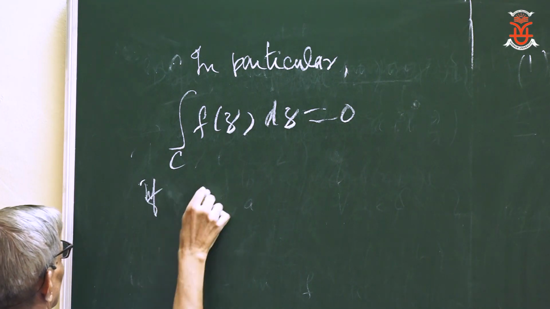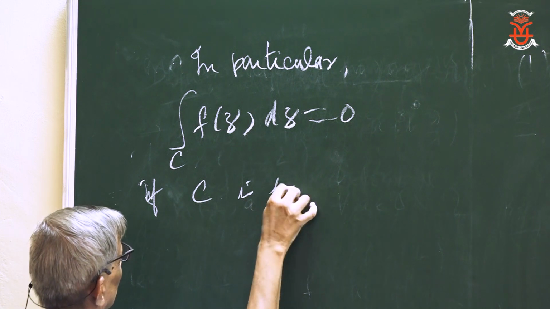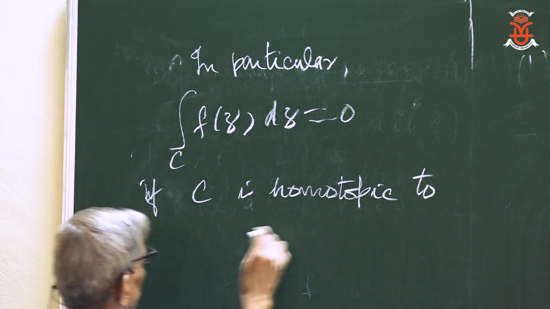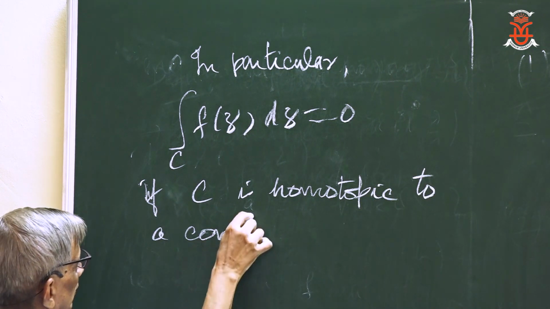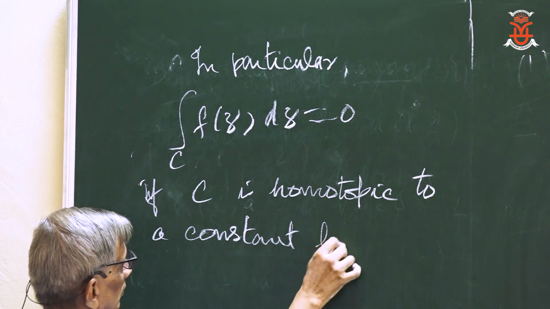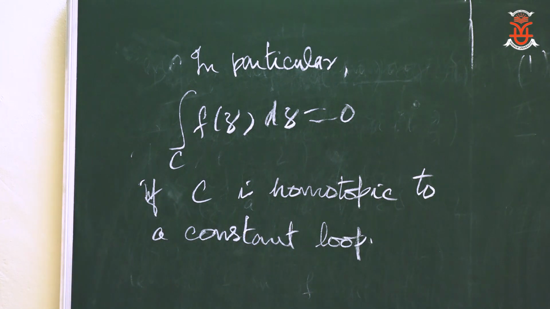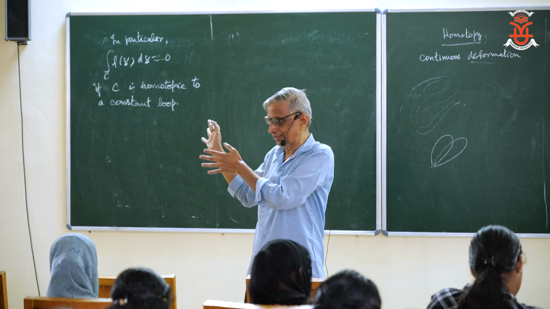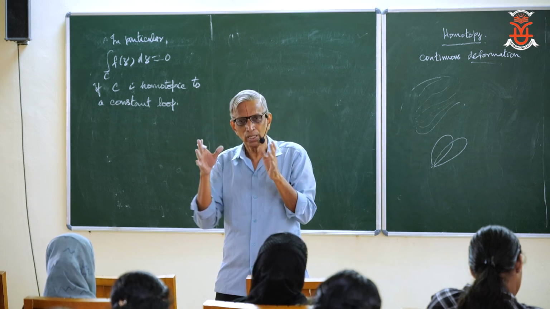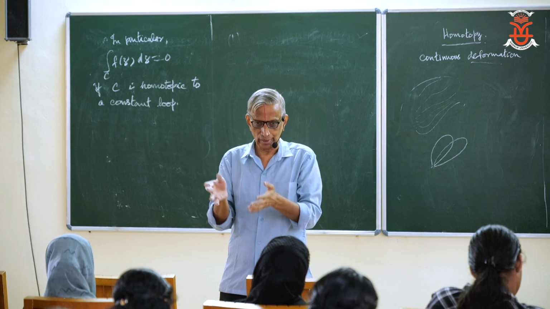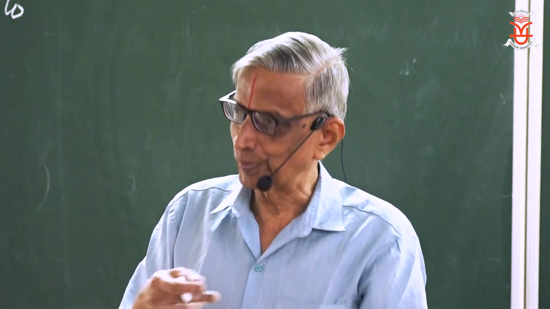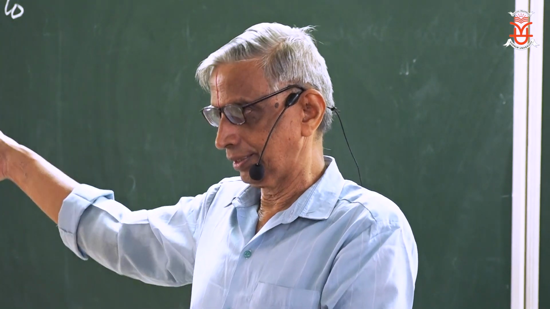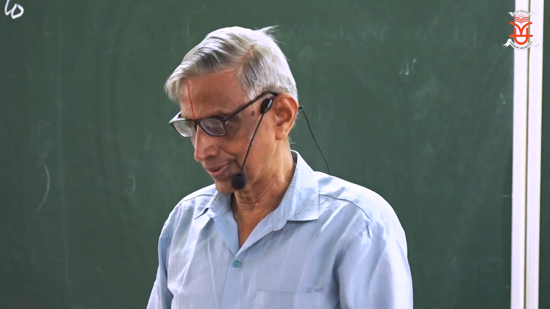If C is loop homotopic to a constant. So you can state it more elaborately: if you have a function which is analytic in a domain omega, and C is a loop in omega which is homotopic to a constant loop in omega, then the integral of f is 0.